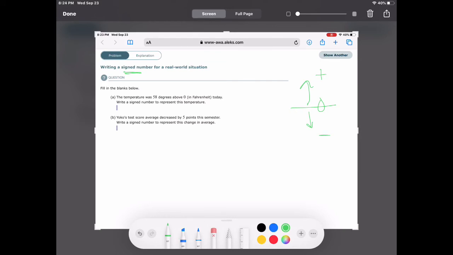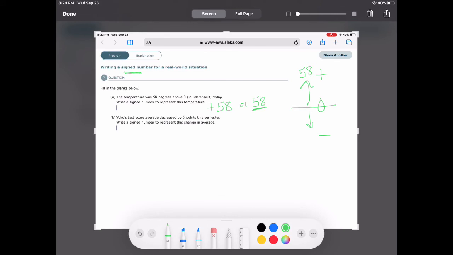So if we are 58 above, we are going to have a positive 58. I do not believe the ALEKS program is going to want you to put this plus sign in front, but if they do, you could try it. I'm not sure because it doesn't let me type it in right here to test it. You either write this plus 58 or just 58 because it's generally assumed that any number that doesn't have a negative in front of it is a positive number.